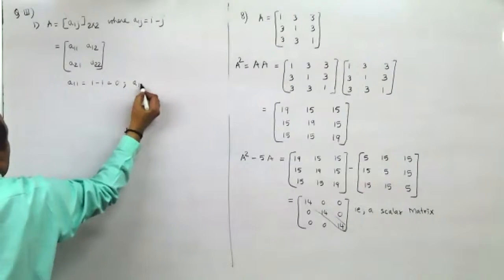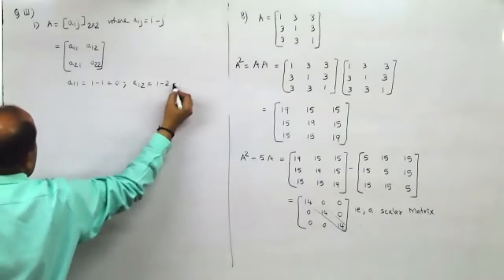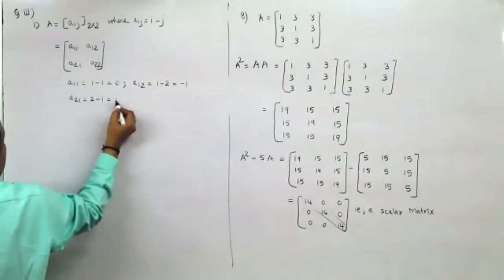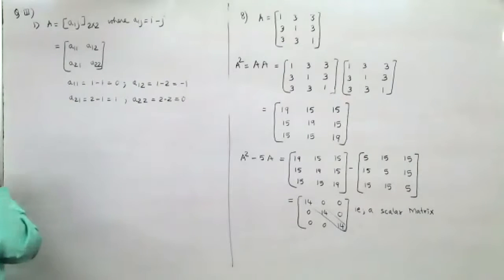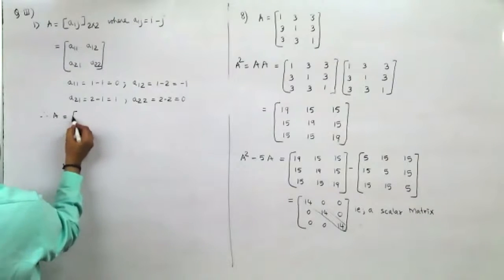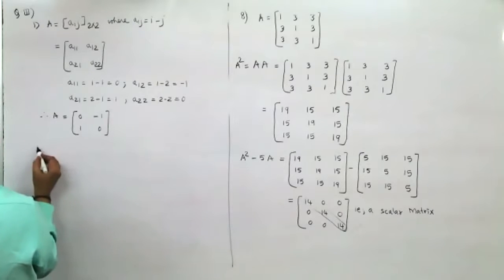When I say A12, it would be I minus j. So 1 minus 2, it is minus 1. Then when I say A21, it would be 2 minus 1, which is 1. A22, it would be 2 minus 2, which is equal to 0. Next, therefore, A is equal to 0, minus 1, 1, and 0.